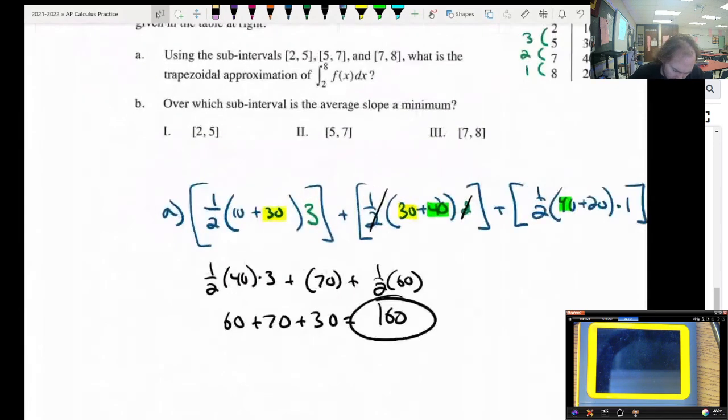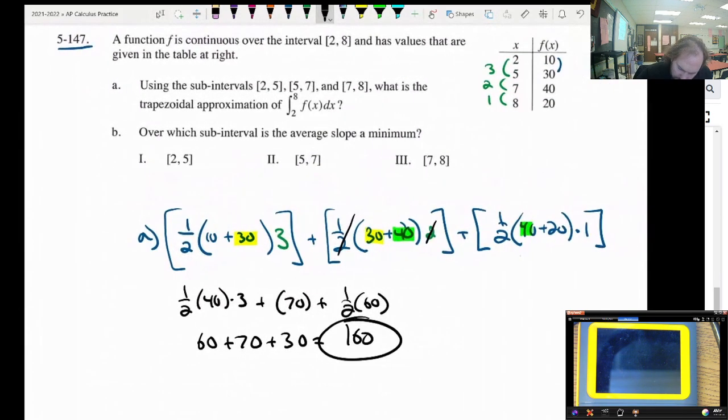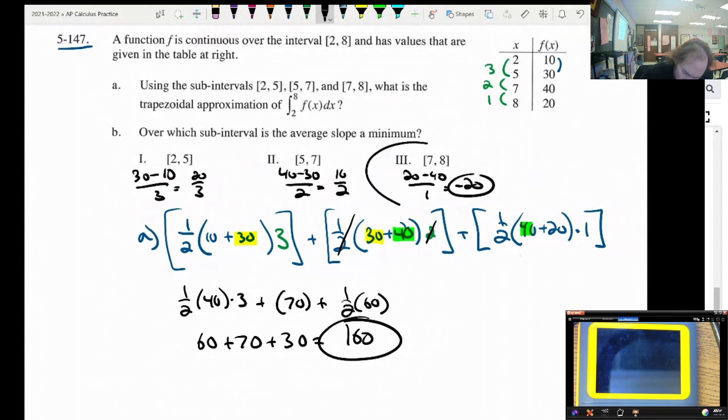The average slopes. So for 2 and 5, it would be 30 minus 10 over 3, which is 20 over 3. For 5 and 7, it would be 40 minus 30 over 2, which is 10 over 2. And then from 7 to 8, it goes negative. 20 minus 40 over 1, which is negative 20, which is by far the minimum, so it's 3. That's not too terrible there.